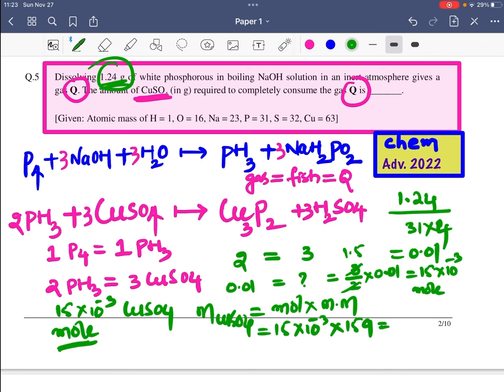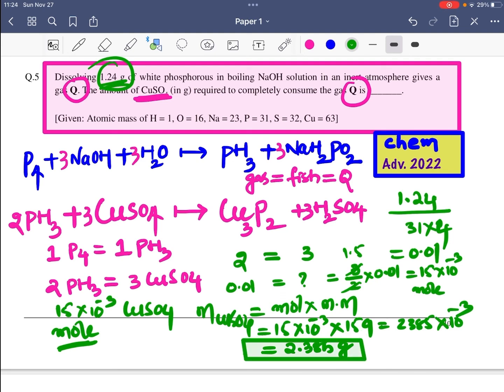So this turns out to be 2385 into 10 power minus 3, that is equal to 2.385 grams. Right. So this is the final answer of the question.